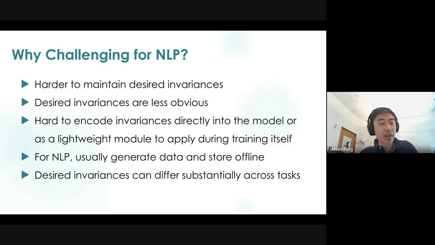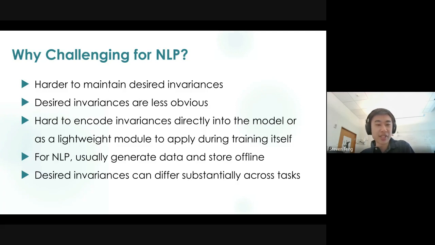Getting more into detail, this is challenging for NLP because, first of all, it is harder to maintain desired invariances, and these desired invariances themselves are less obvious. When you think of computer vision, there are some common invariances like illumination invariance, translation, rotation invariance, and so forth, but it's definitely less obvious for NLP.